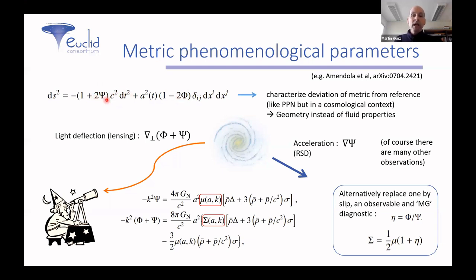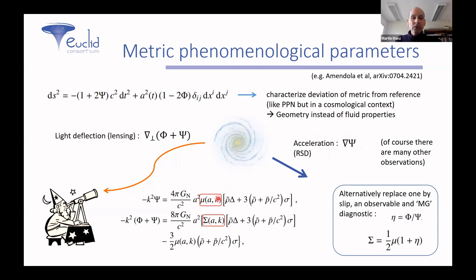And then if you look, for example, at the geodesic equation or the perturbation equation, the light deflection probes the sum of the two potentials, and the acceleration of non-relativistic objects is the gradient of only one of the two potentials. And so therefore, if we can measure weak lensing or cosmic shear, we can probe the sum of the two. And if we have a precise galaxy catalog with redshift space distortions, then we measure only one of them. And so then we can actually distinguish them, and we can look at what they are.